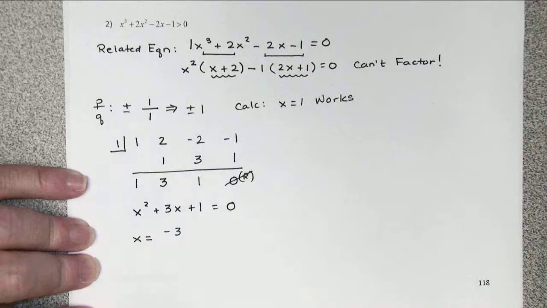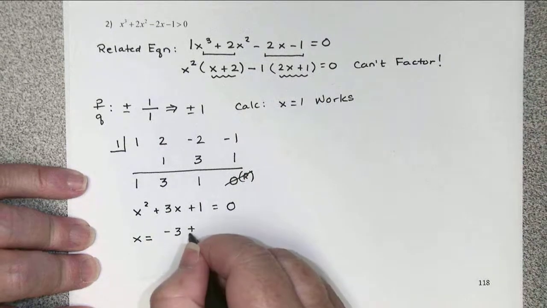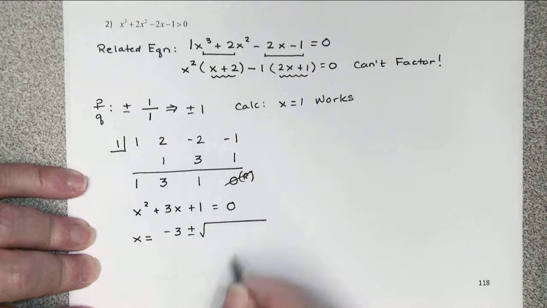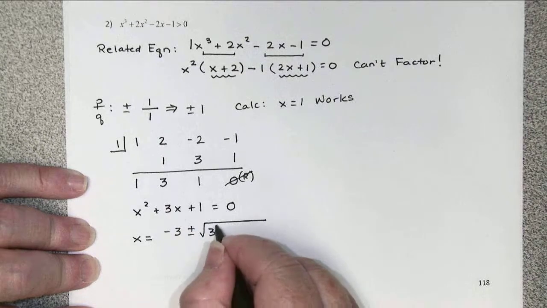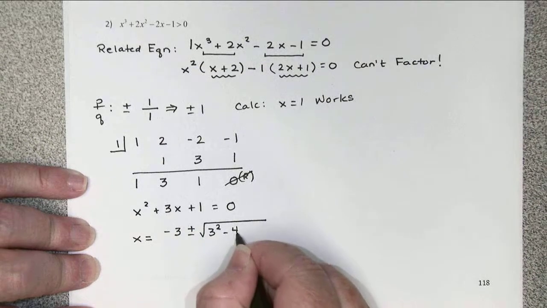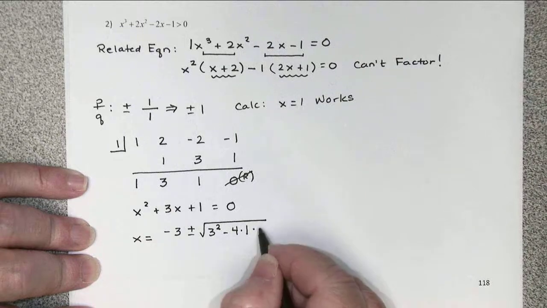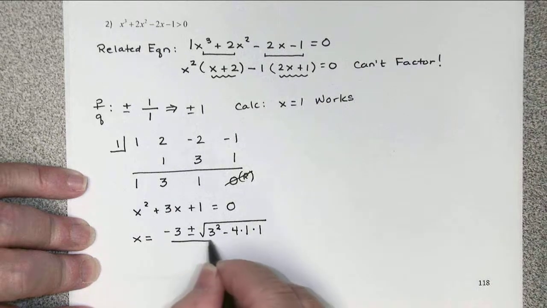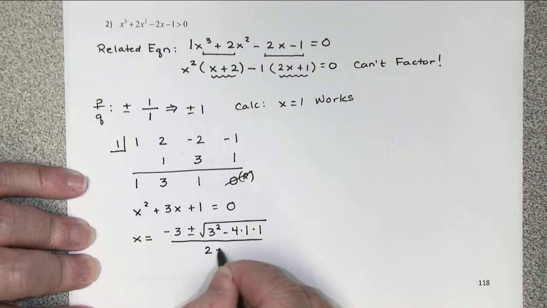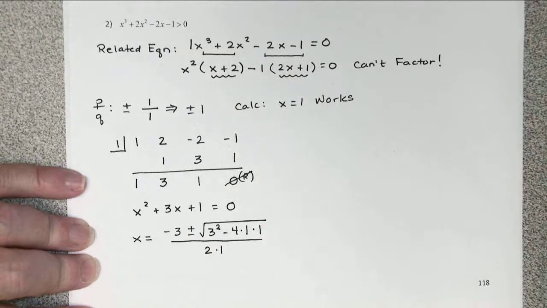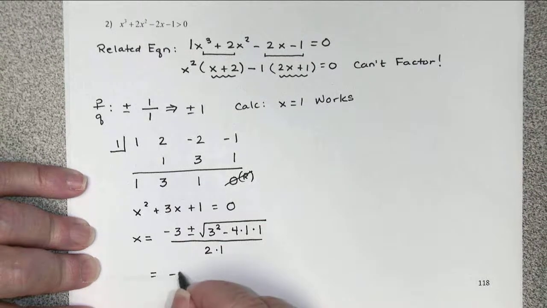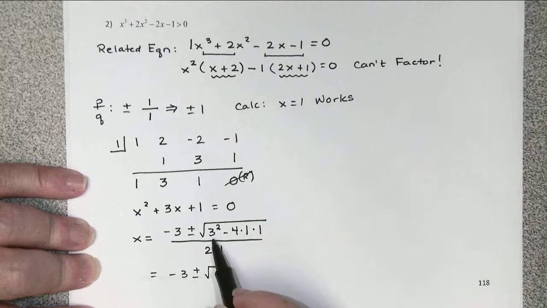I would have negative 3 plus or minus the square root of 3 squared minus 4 times a, which is 1, times c, which is also 1, over 2 times the a, which is 1. Under my radical, I've got 9 minus 4, or 5.